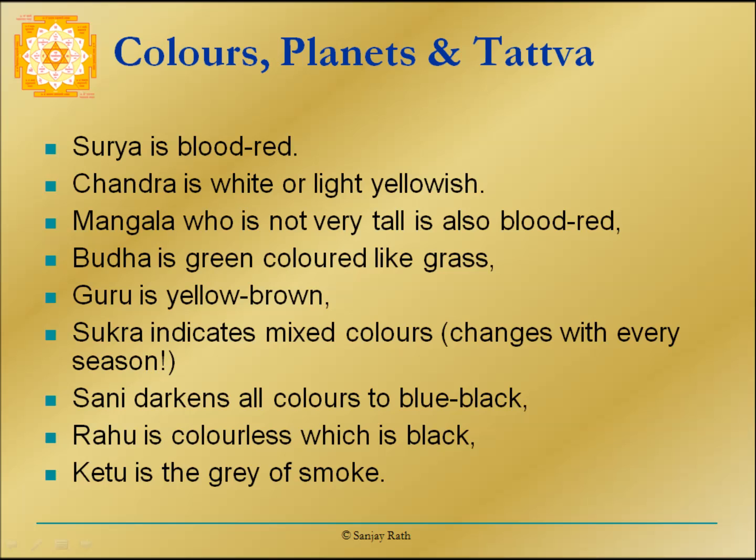Okay, why is Guru yellowish or brownish yellow? Because when we talk of males, we talked of Surya and Mangal as red and orange, which we understood. What was the other color left on the father's side? The yellow was the only color left on the father's side. And Guru is a male.